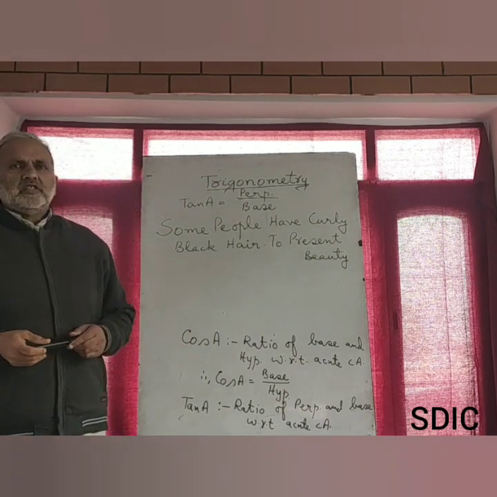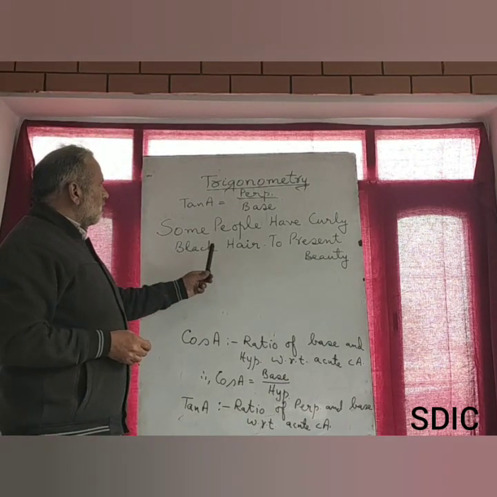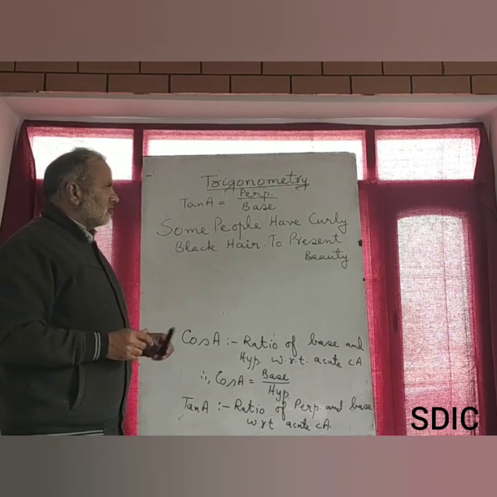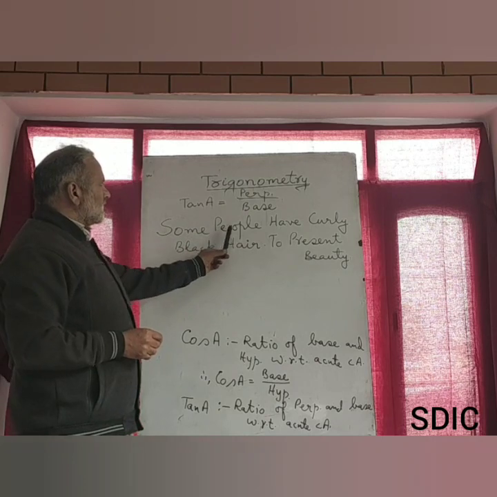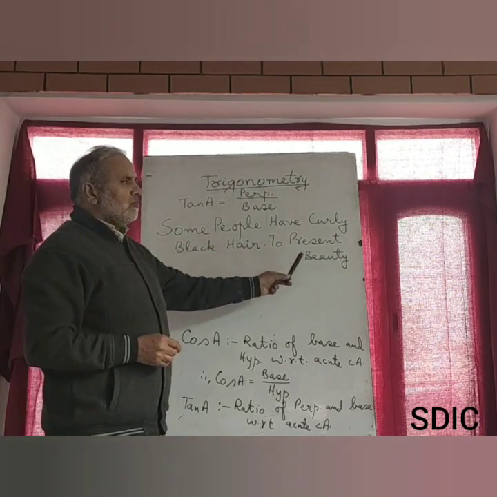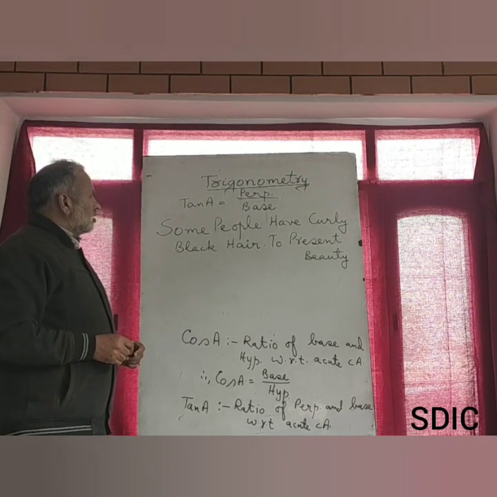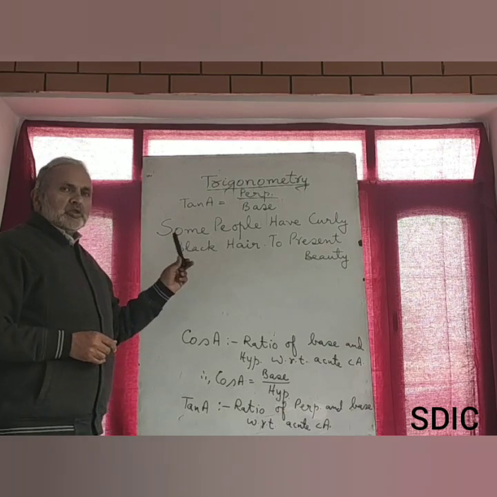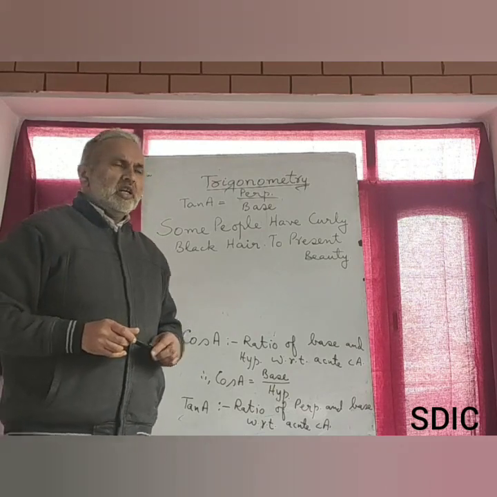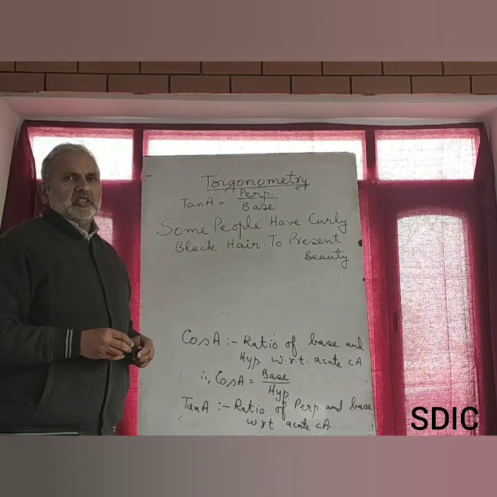The statement consists of 9 words, and you can see I have written the first alphabet of each word capital. S is capital here, P is capital here, H is capital, C, B, H, T, P, B. Because the first alphabet of each word will help us to remember the definitions of the trigonometric ratios.